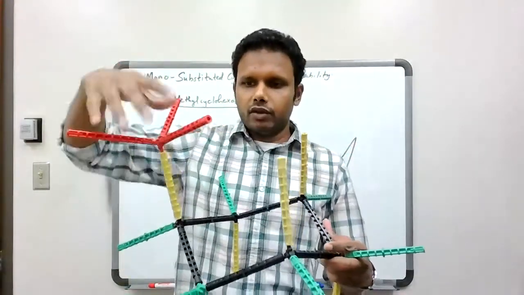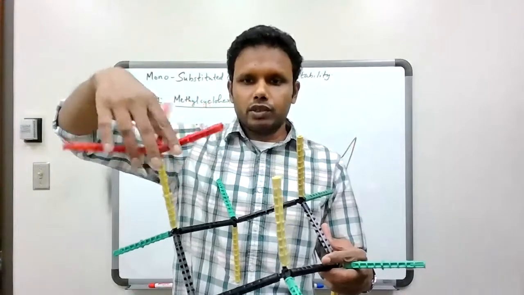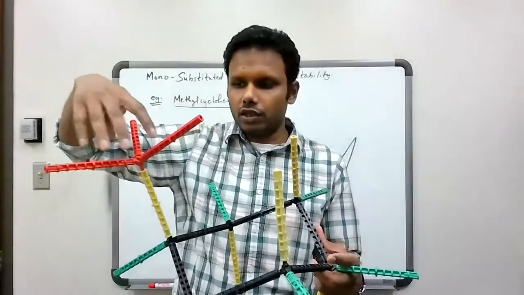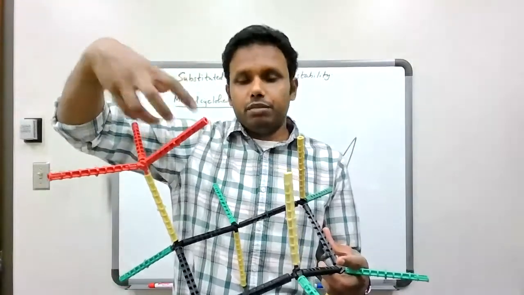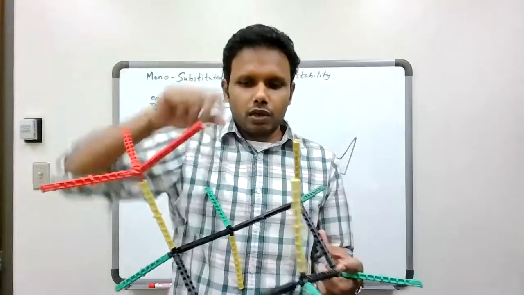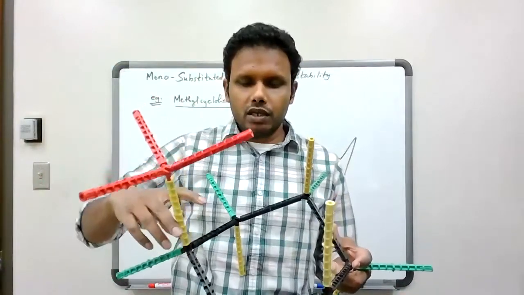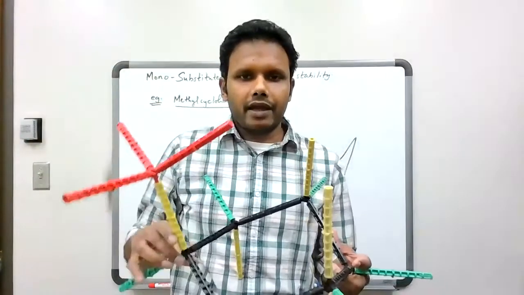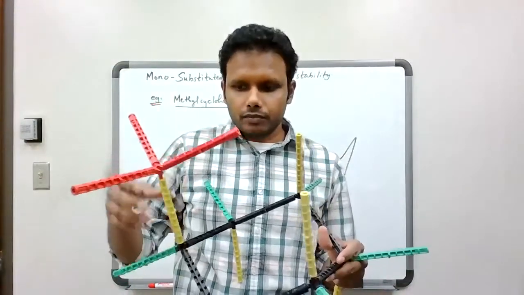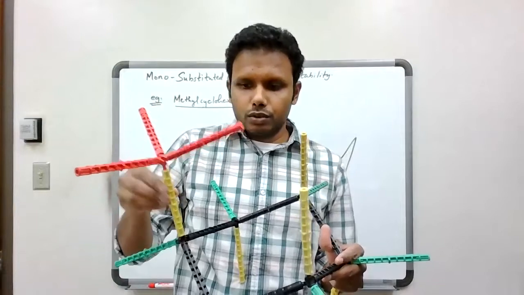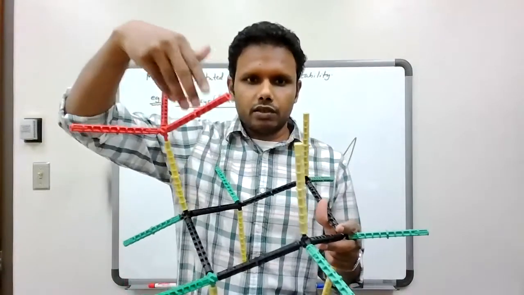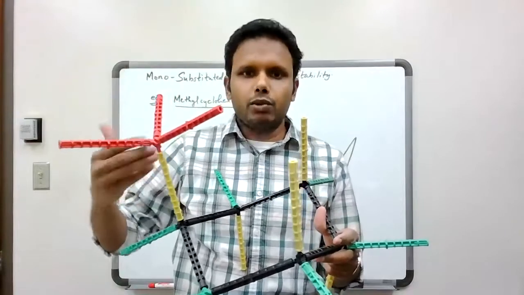So when big groups start showing up, and the methyl is definitely big compared to a hydrogen, when bigger groups show up in axial positions, it results in what's called a 1,3 diaxial interaction. That means two groups that are 1 and 3 with respect to each other interact with each other.